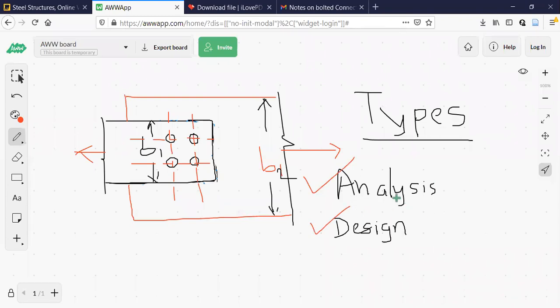Whether it is an RCC beam or any design subject, it is analysis as well as design.